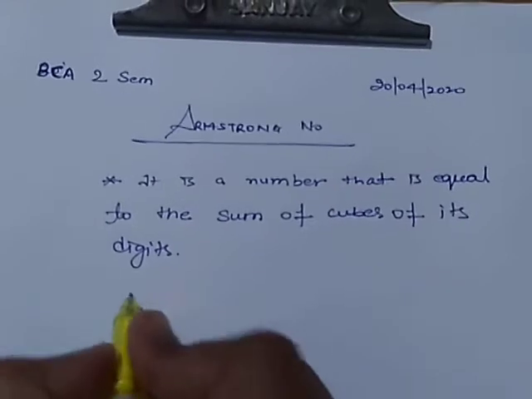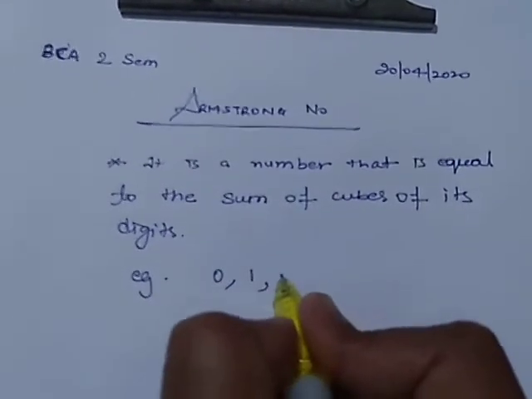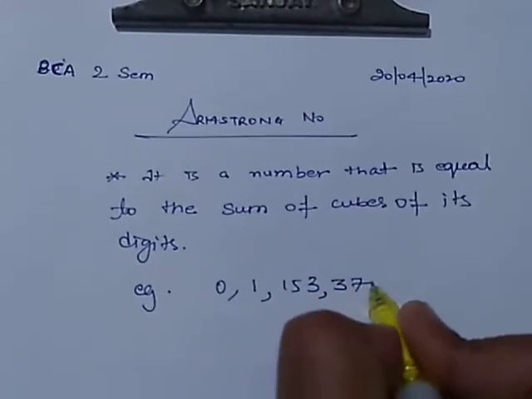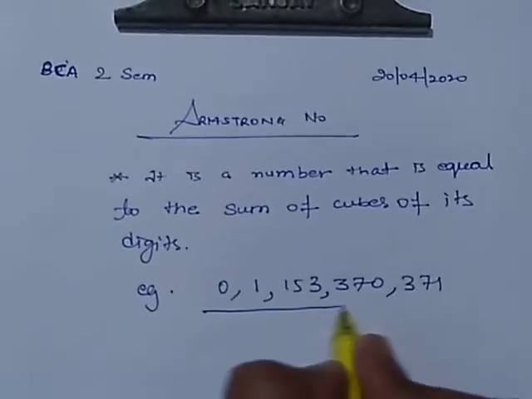For example, 0, 1, 153, 370, 371. These are Armstrong numbers.